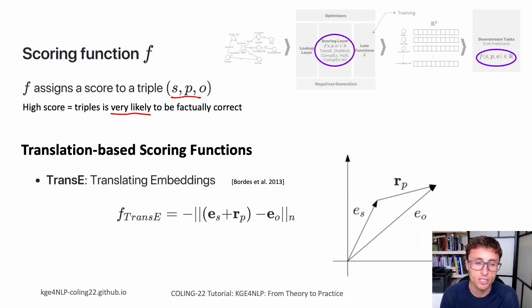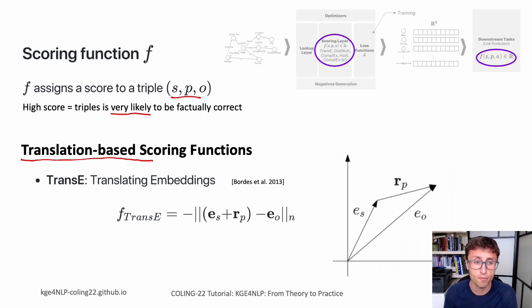I will now give you a quick overview of some of the most popular methods, starting from a family of scoring functions which are known to be translation based. I will start from the forerunner of these methods, translating embeddings, TransE, which is a paper from 2013.